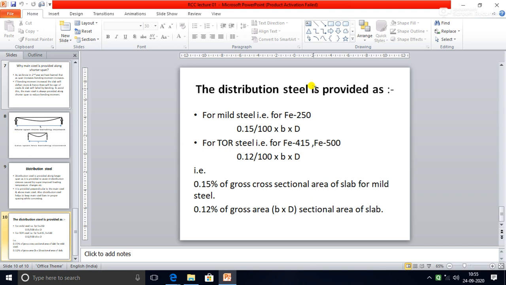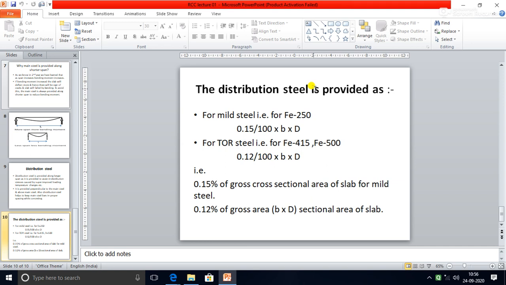So if you use mild steel, Fe250, as a distribution steel, then the limit for distribution steel is equal to 0.15 divided by 100 into gross area. Gross area, that is B into capital D. B is the width of slab and D is the overall depth of the slab. We will see the overall depth, how we are going to calculate.